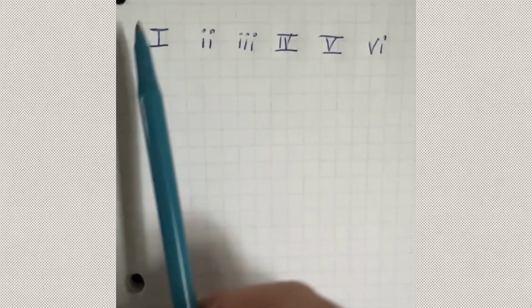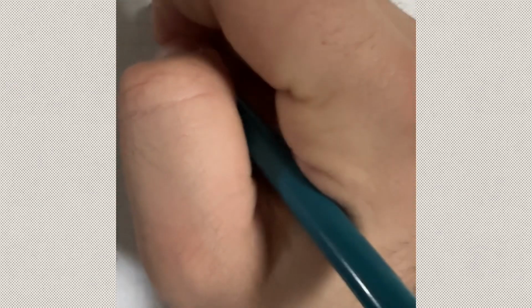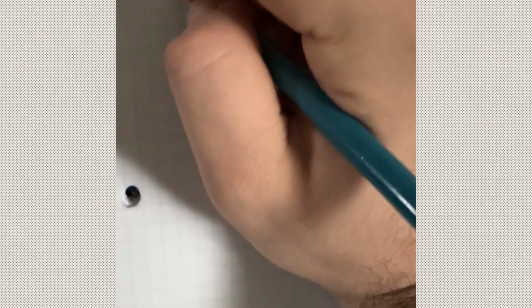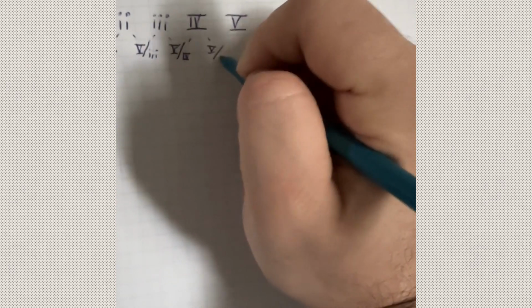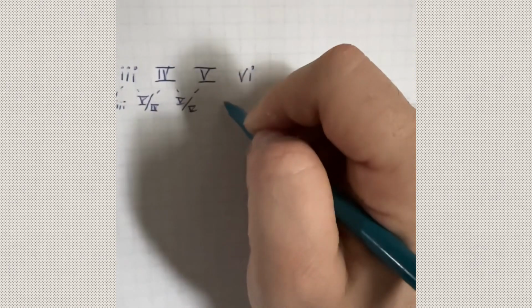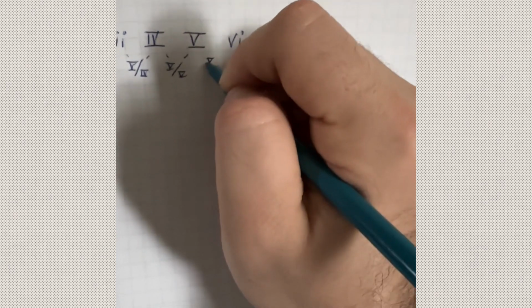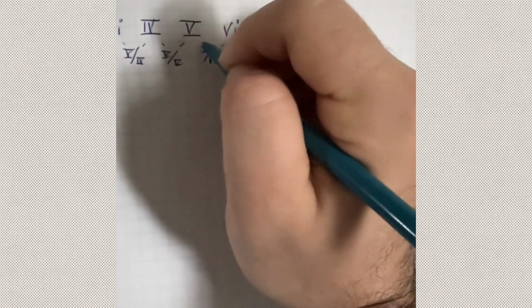So we would move from the 1 chord to the 5 of 2, to the 2 chord, to the 5 of 3, to the 3 chord, to the 5 of 4, to the 4 chord, to the 5 of 5, to the 5 chord, and then to the 5 of 6, to the 6 chord.